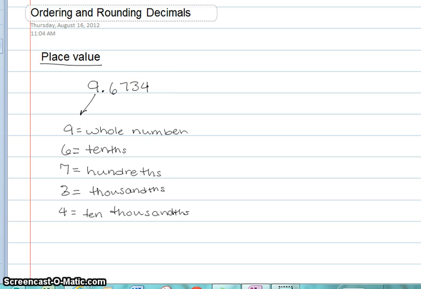First, I will give you an example of how to round decimals. We have the simple number of 9.634. And we're trying to round, actually we'll make this 89.64. We're trying to round the 8 to the nearest ten.